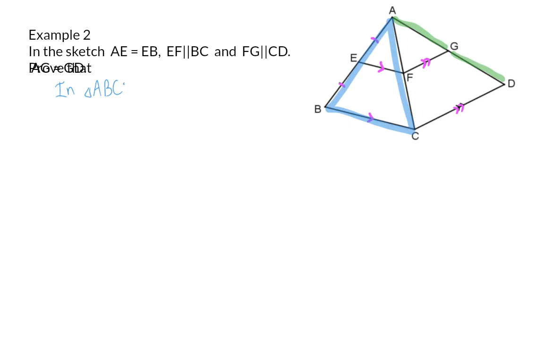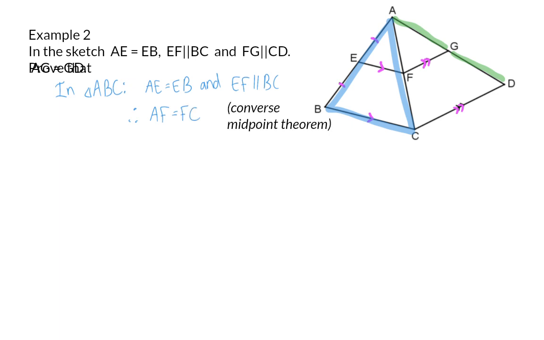In this triangle, we already know that AE is equal to EB, and we know that EF is parallel to BC. Therefore, we can make the conclusion that AF is equal to FC. This is because of the converse midpoint theorem. And because we now also know that AF is equal to FC, we can move to the triangle on the right and also make use of our converse midpoint theorem.